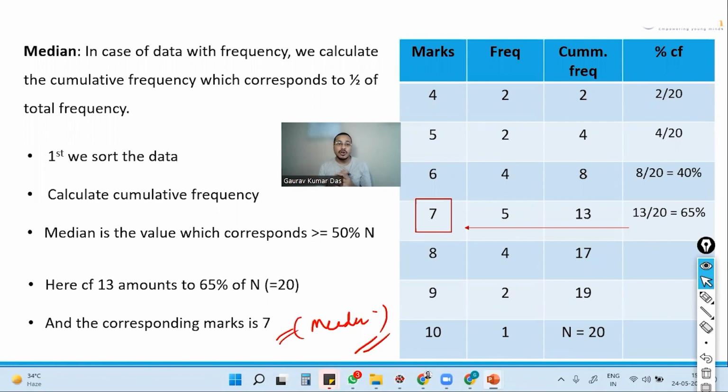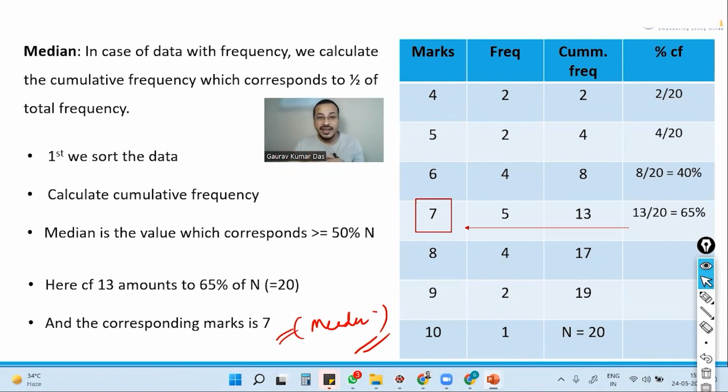How did we calculate 7 here? 7 was not calculated from the magnitude of 4 plus 5 plus 6 plus 8. It was calculated from its position, which is the middle position it occupies in the entire data. And if we have frequencies attached to it, simply looking at the middle will not work.